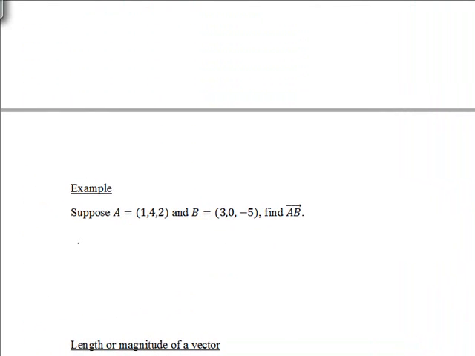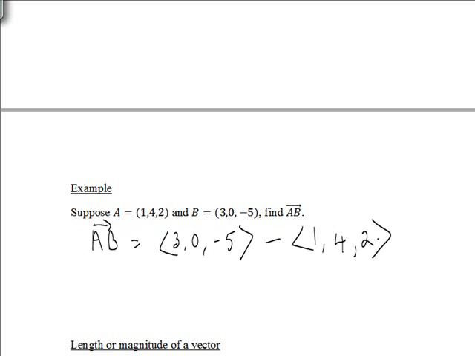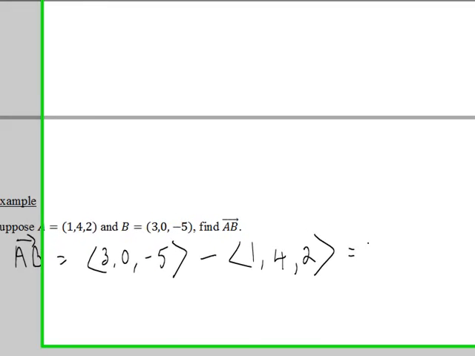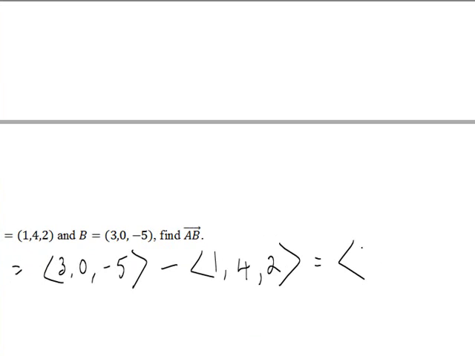So therefore the vector AB, the displacement vector is B minus A. So it's 3, 0, negative 5. Make sure you put angle brackets. Minus 1, 4, 2. And that is equal to 2, negative 4, negative 7.